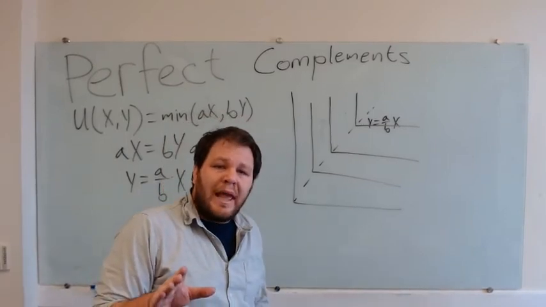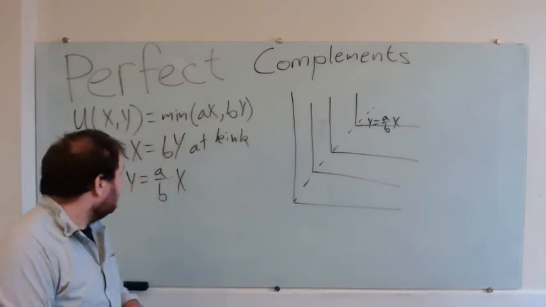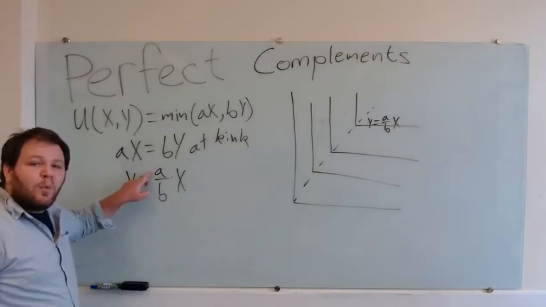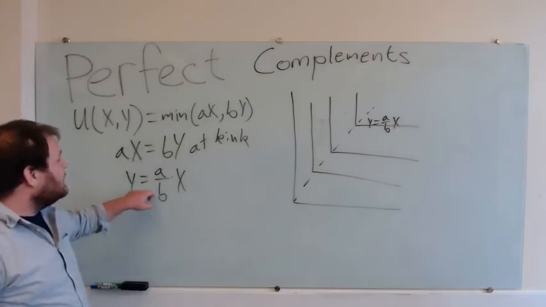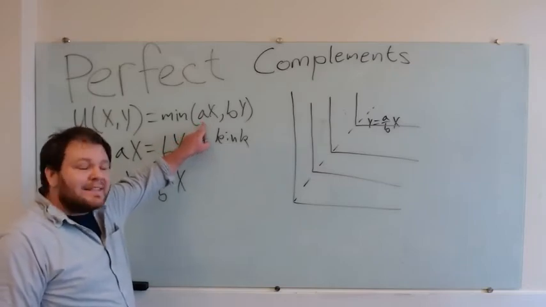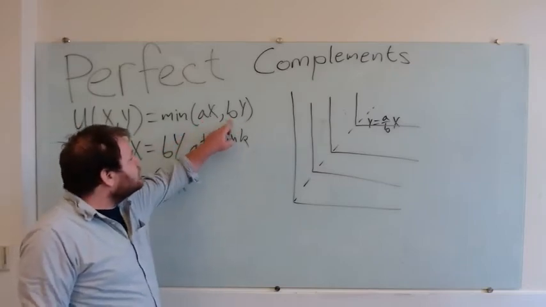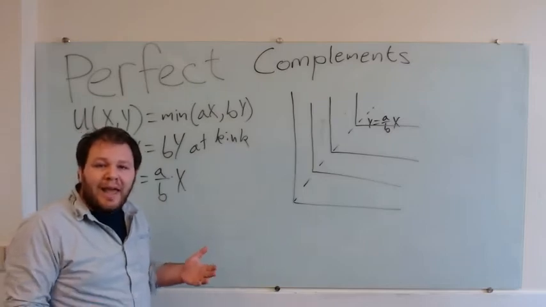Now, one thing I want to point out that can be a little bit confusing is that what this means is I buy more y the bigger a is, and the smaller b is. So if I have a large coefficient in front of x, I buy more y. If I have a large coefficient in front of y, I buy more x.